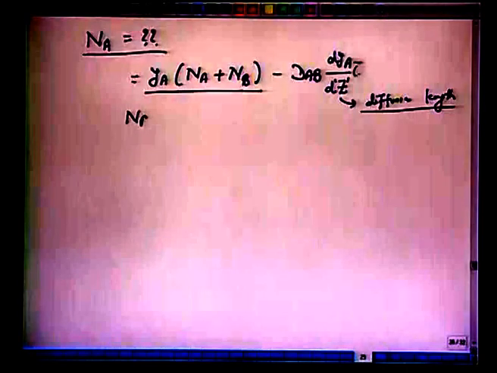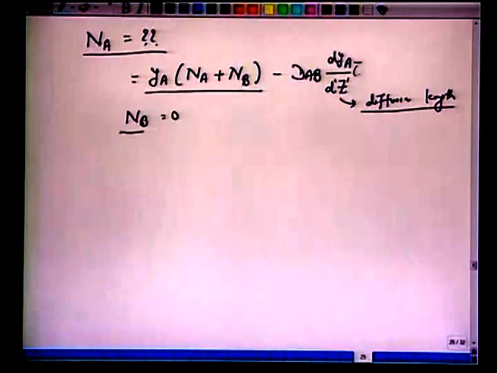Again, be careful, this z is now your diffusion length. This is not the packing length which we are trying to determine. In our case, Nb is 0, no transport of the bulk across the interface.